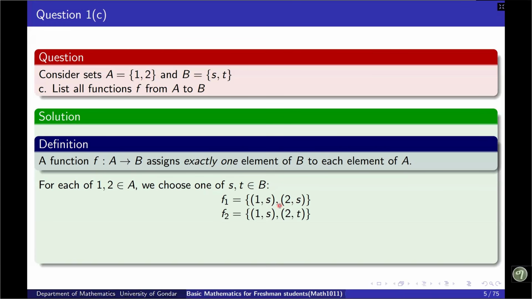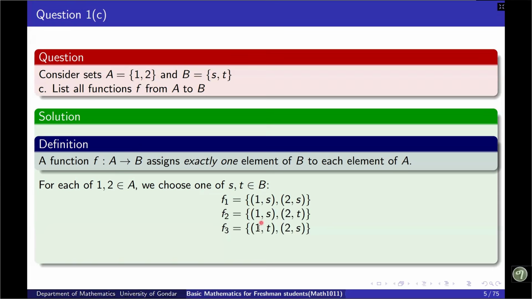The second function could be 1 paired with S and 2 paired with T. The difference is, in the first case, 1 and 2 have the same image, that is S, but 1 and 2 here have their own unique images.